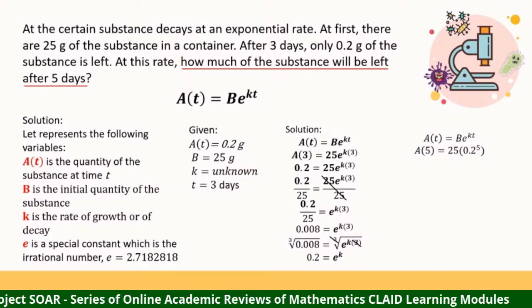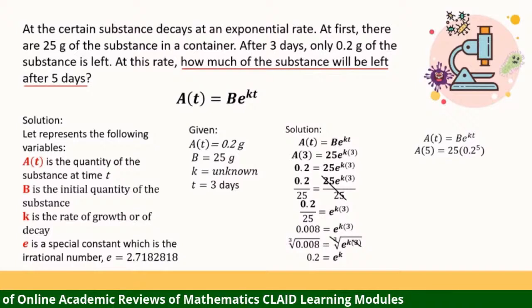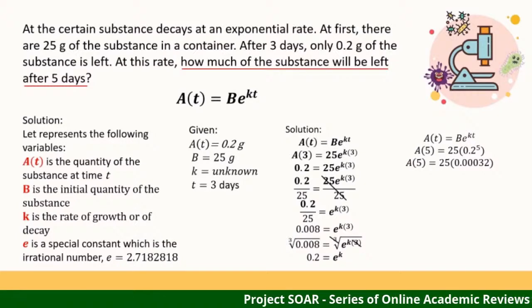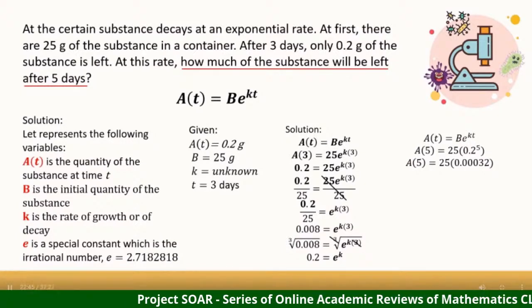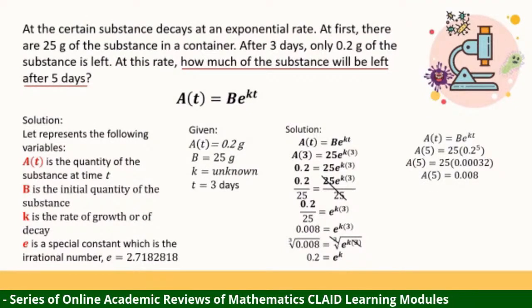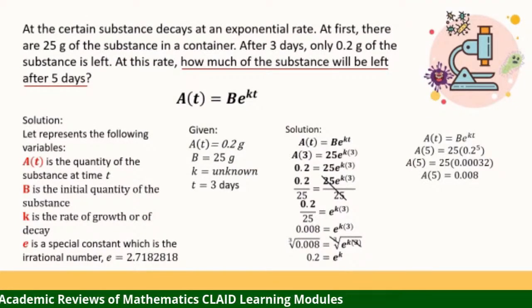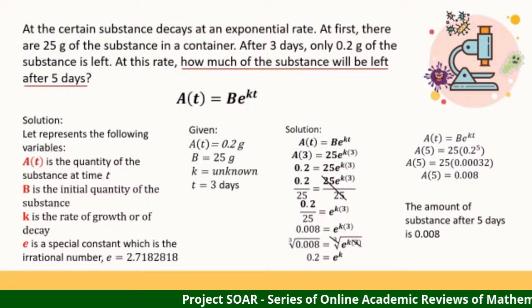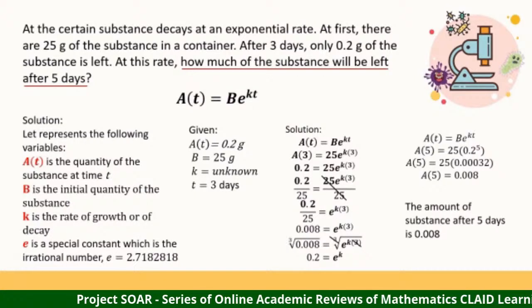We have 0.2 and then raised to t, which is 5. So we have A of 5 is equal to 25 times 0.00032. So A of 5 is equal to 0.008. So therefore, after 5 days, the amount of substance is 0.008.